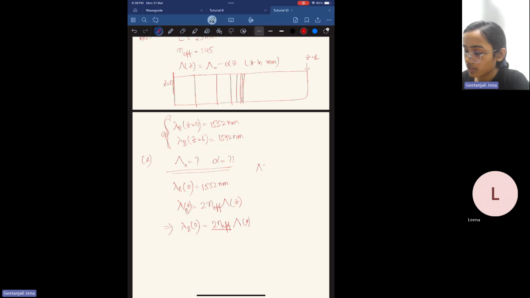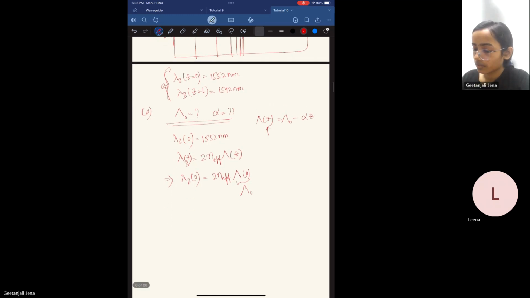So we can find the initial grating period, lambda 0, which is lambda B0 over 2 n effective.